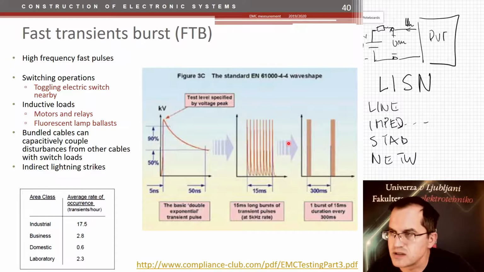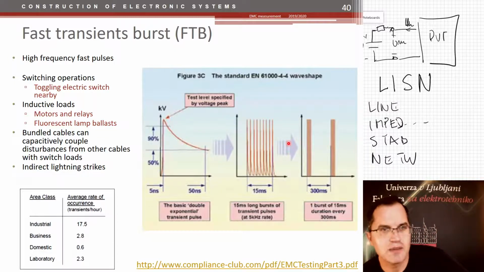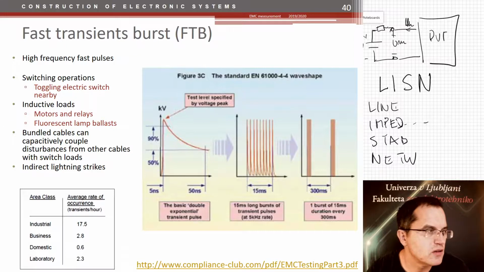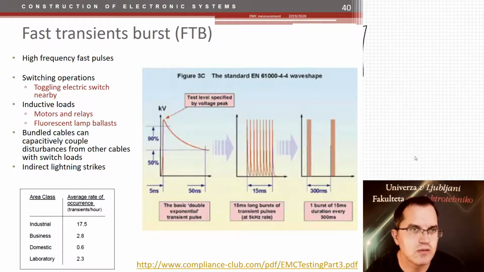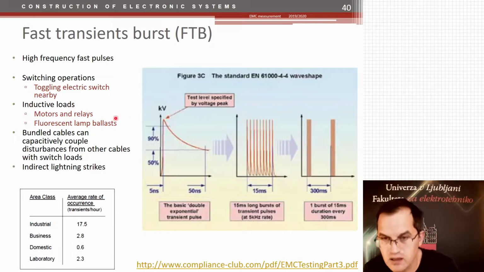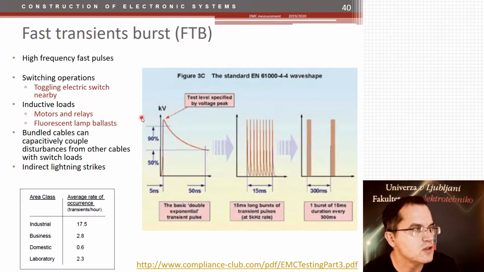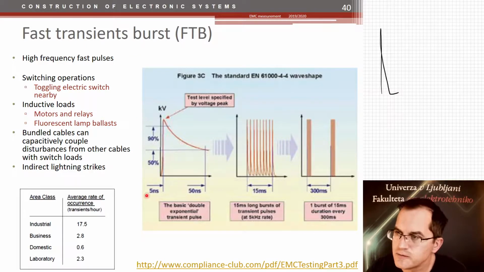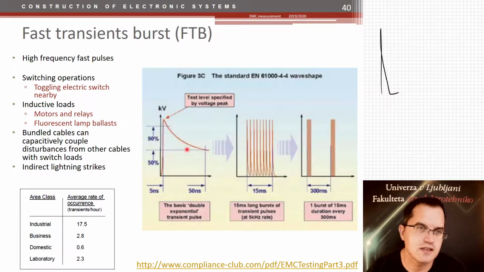Fast transient bursts are the first type of conductive noise, if you go now to conductive noise, and these are very, very narrow pulses which are very large in terms of voltage, but they don't carry much energy. They just carry a lot of voltage. As you see, they have 5 nanosecond rise times and 50 nanosecond fall times.